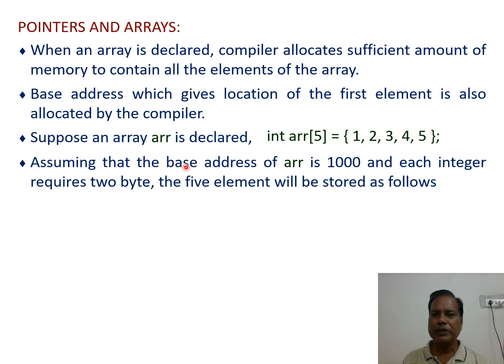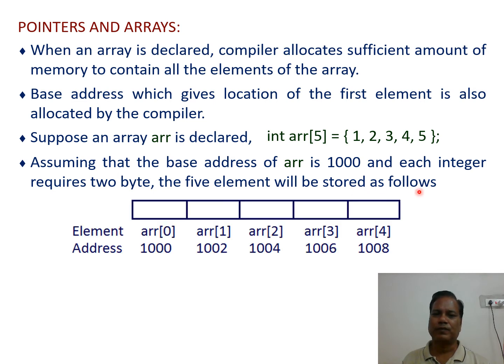Assuming that the base address of R is 1000 and each integer requires 2 bytes, the 5 elements will be stored as follows. The first element will be stored in this memory location, the second element at 1002. In this way, all the elements are stored needing 2 bytes of data.